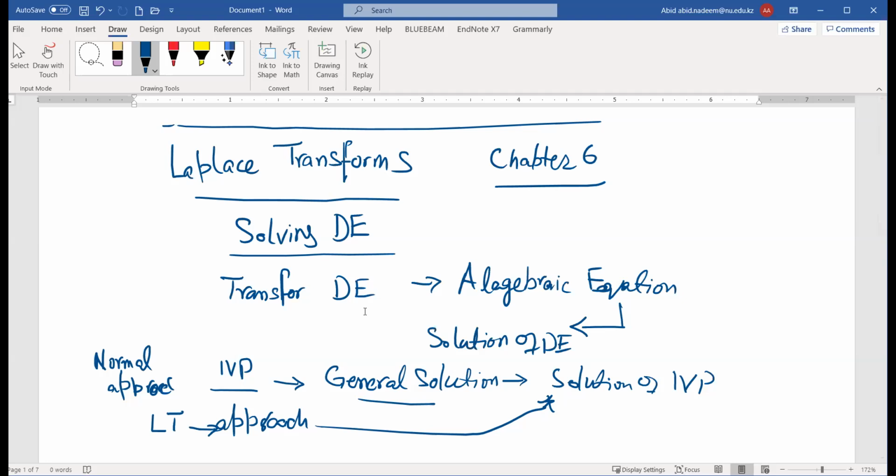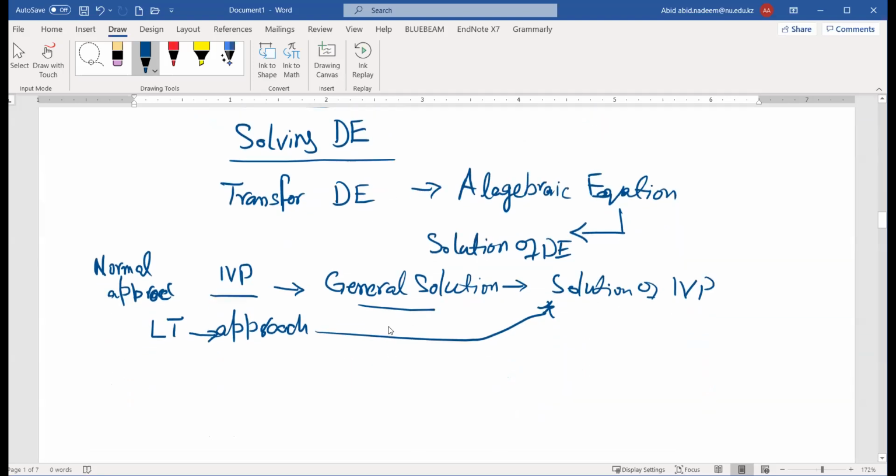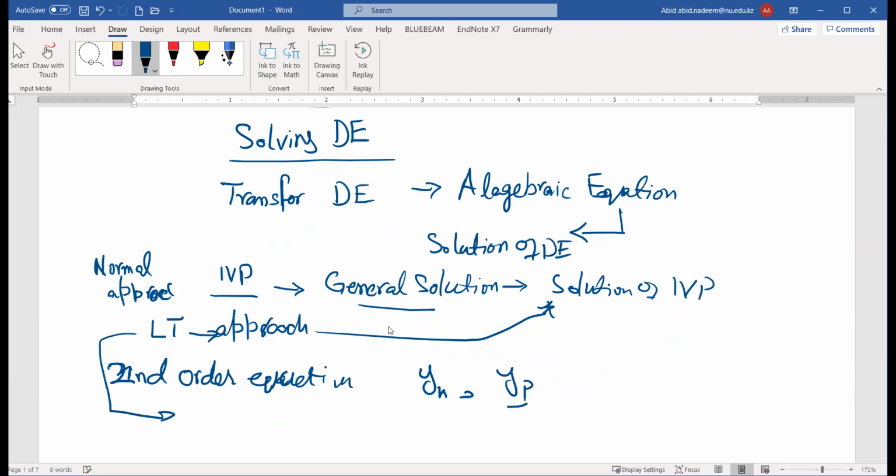Similarly, in the case of second order equations, we first find the YH, the solution of the homogeneous part, and then you find the YP, the solution of the particular part. But in the Laplace transform approach, you can directly find the solution.